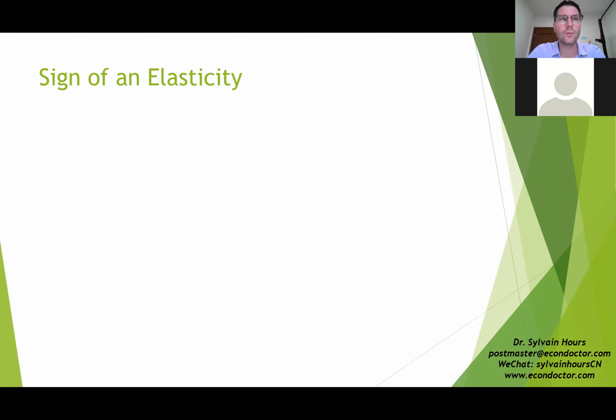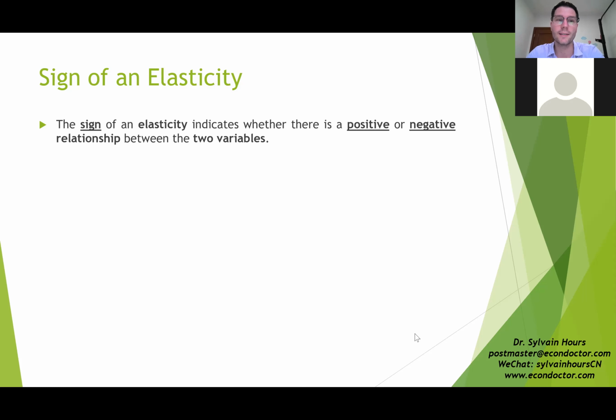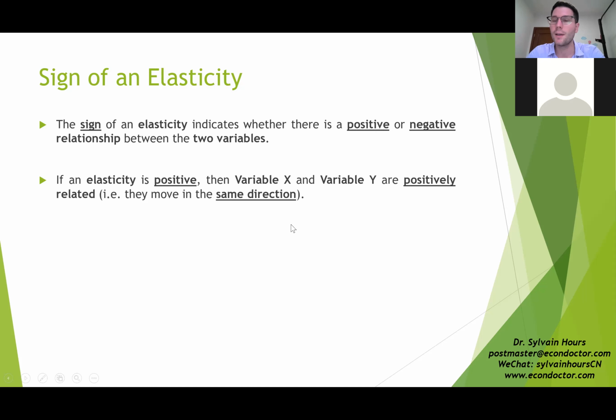Let's first look at the sign and see what information it gives us. If you end up with an elasticity that is positive, this means that your two variables, variable x and variable y, are positively related. Positively related simply means that they move in the same direction.